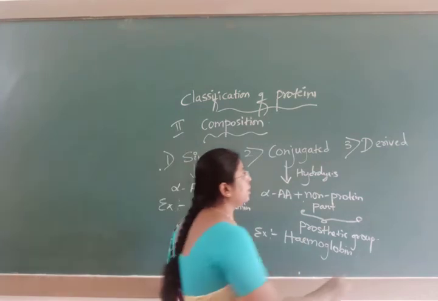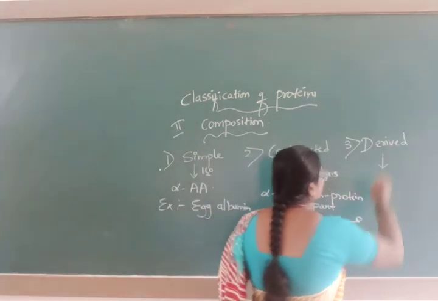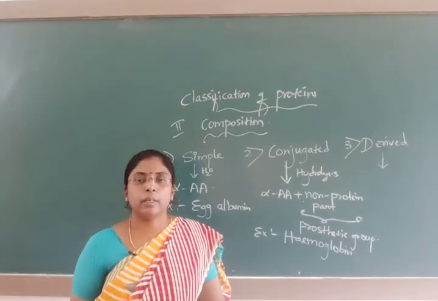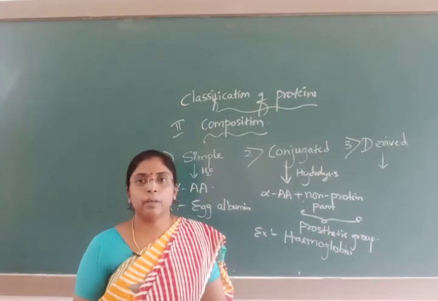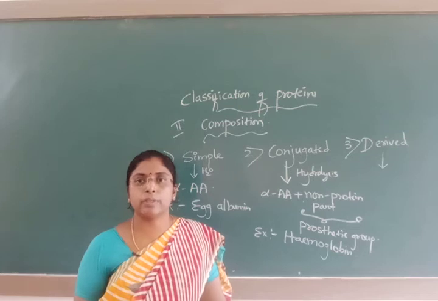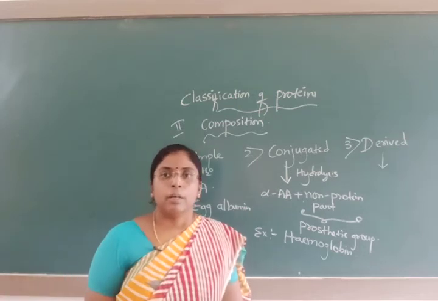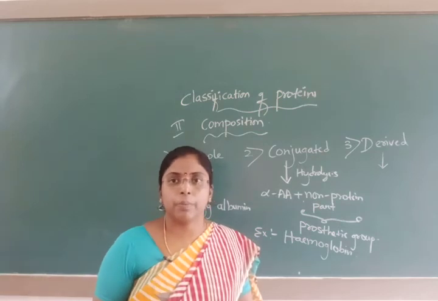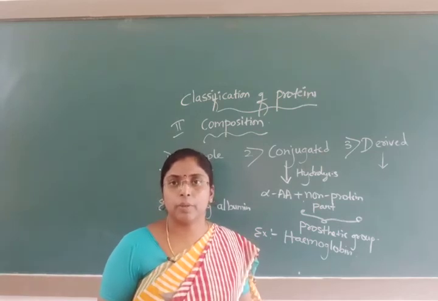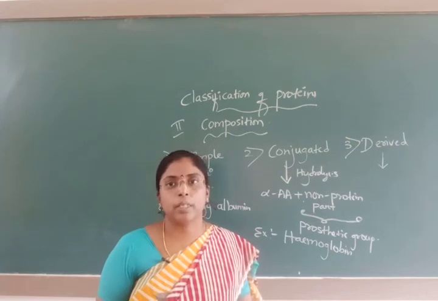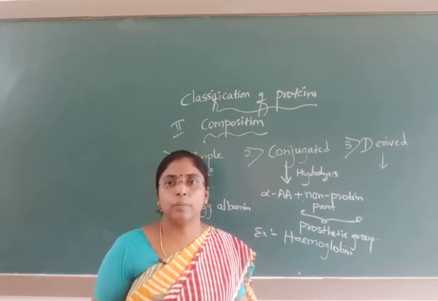Next come the derived proteins. Derived proteins are the intermediate compounds obtained by the hydrolysis of simple or conjugated proteins. Simple or conjugated proteins on hydrolysis produce alpha amino acids, but the intermediate products are known as derived proteins.